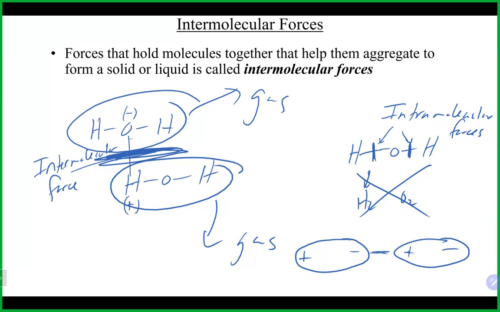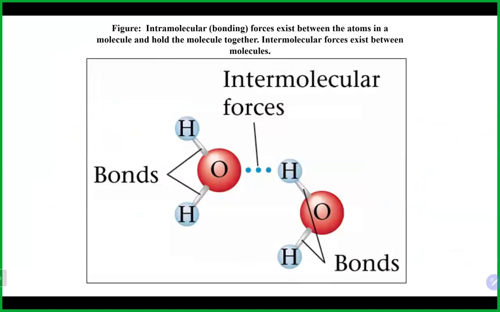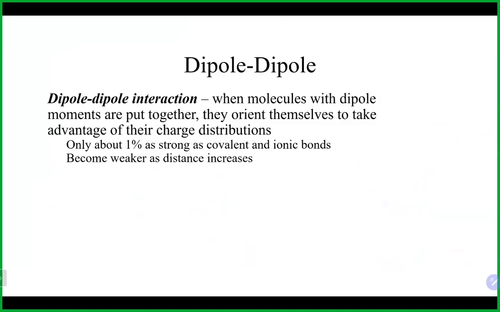Now, there are levels of how good that positive negative attraction works and how strong it can be. But ultimately, any type of intermolecular force we talk about, if you boil it down, that is how that interaction is happening between molecules, positive side of one versus negative side of another. As you can see here with our two water molecules.